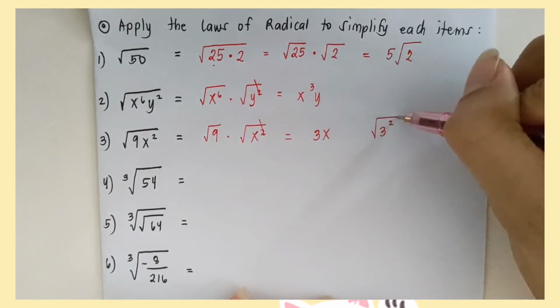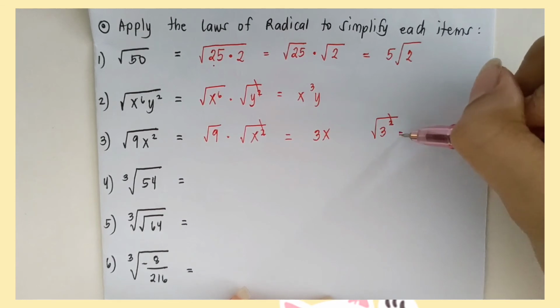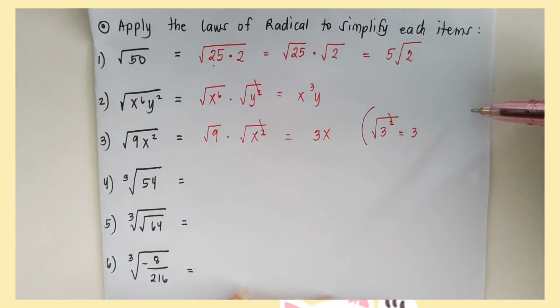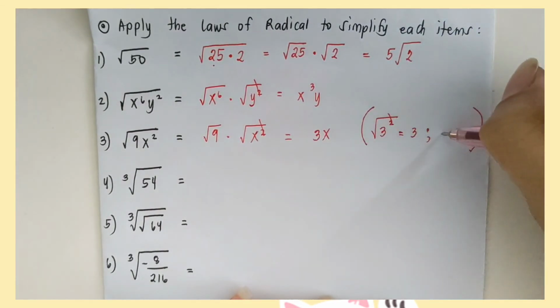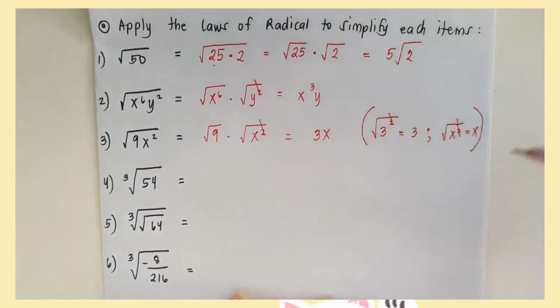We all know that 3 squared cancels with the square root, which will give us 3. And then the square root of x squared is just x. That's why our final answer is 3x.